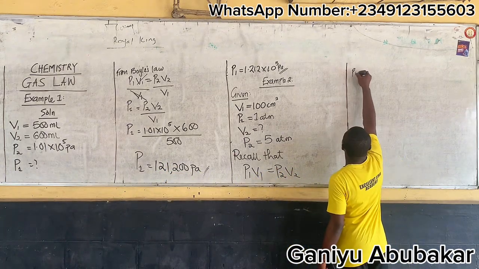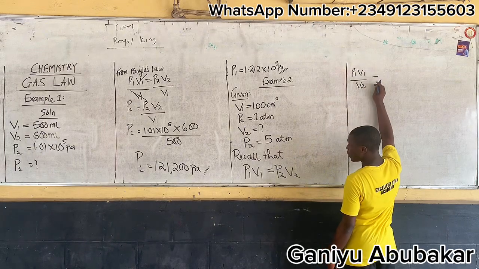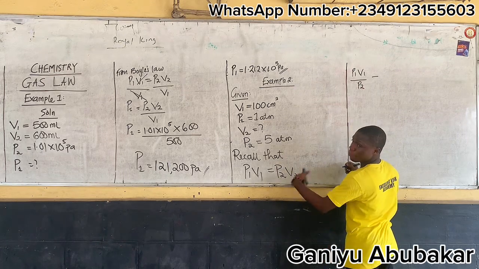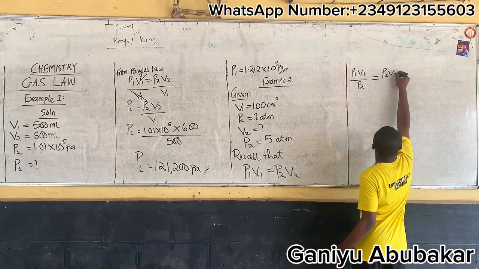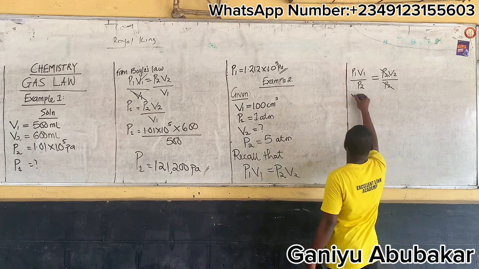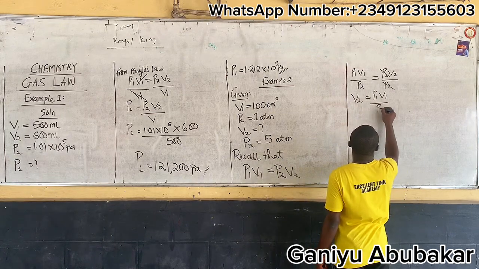I'm looking for V2, divided by P2 now. P2 V2 over P2, this cancels this. V2 is P1 V1 over P2.